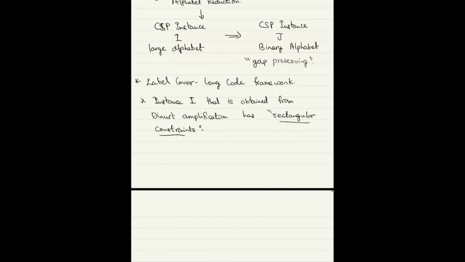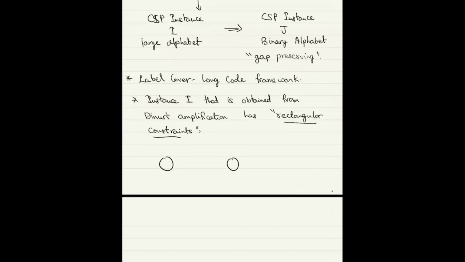Rectangular constraints are, let's say you have two variables and a domain, and these are the elements of the domain.